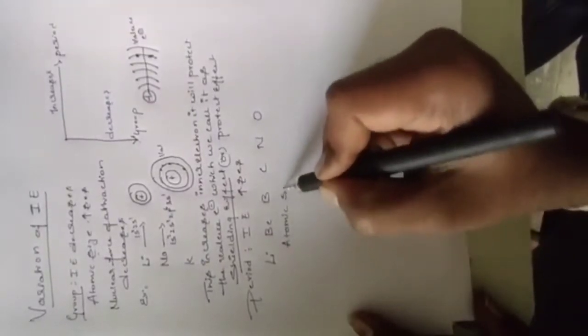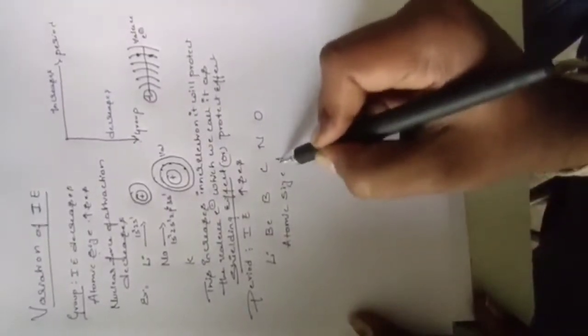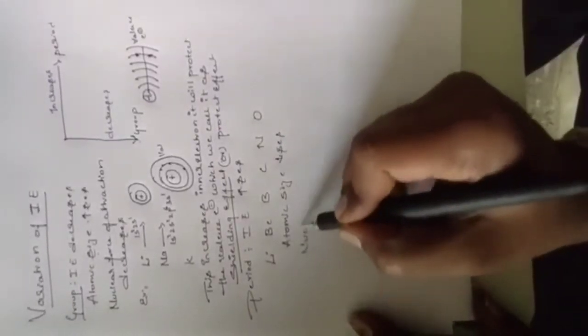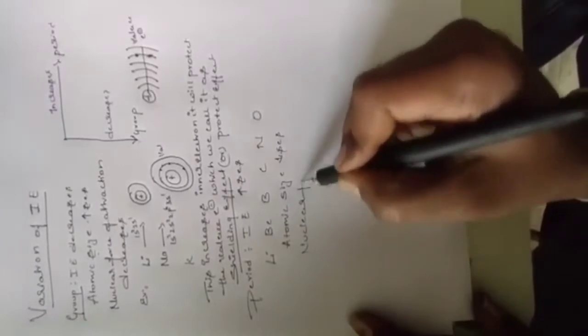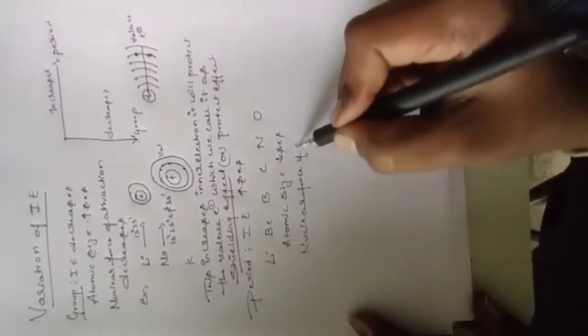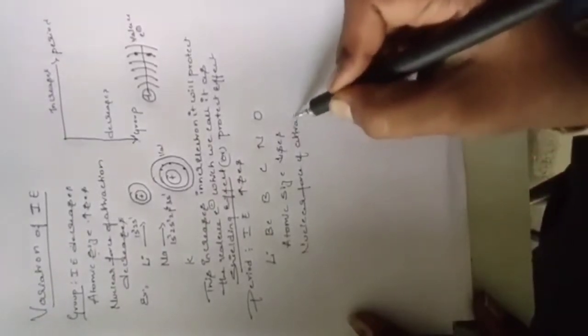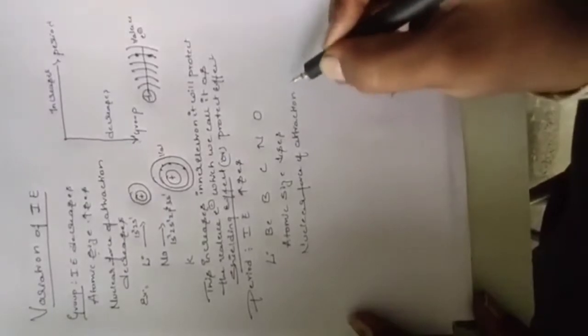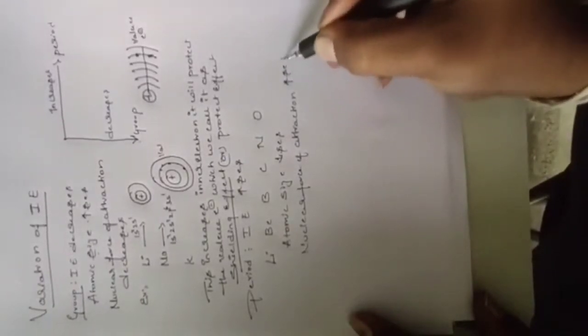Atomic size decreases, then the nuclear force of attraction increases. As the atomic number increases, the nuclear charge increases, the atomic radius decreases, and the electrons are closer to the nucleus.